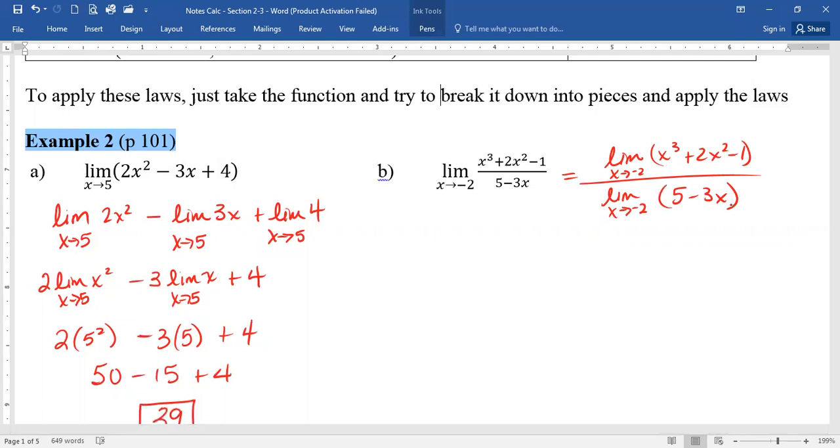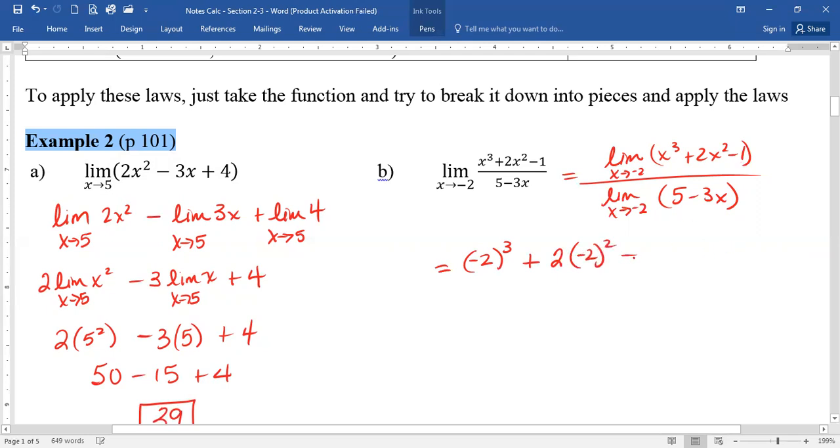So rather than writing it all out, let's just figure out what each one would be. So if I take the limit as x approaches -2 of x cubed, what is that going to be? Is that just going to be -2 cubed, right? And then the next one plus, well, again, the 2 comes out in front, but that just means I take 2 times -2 squared.